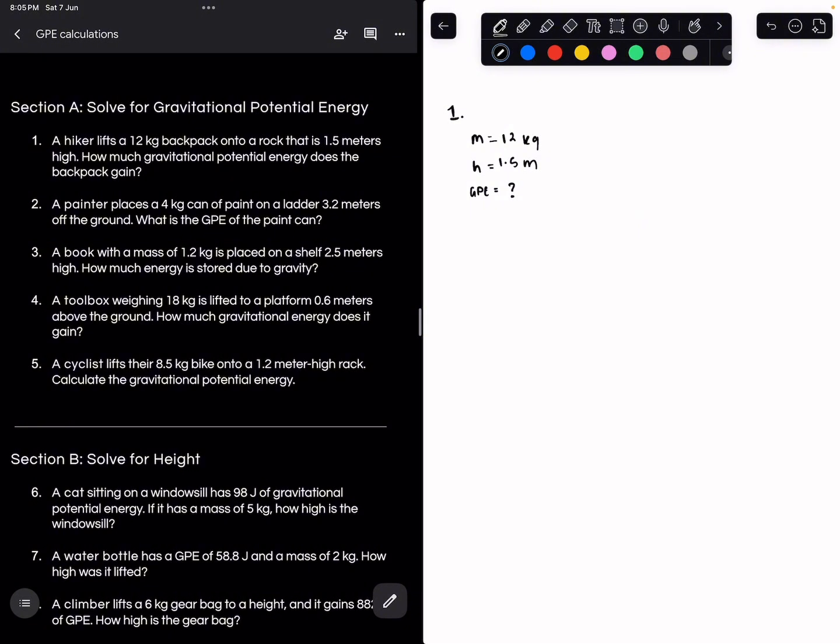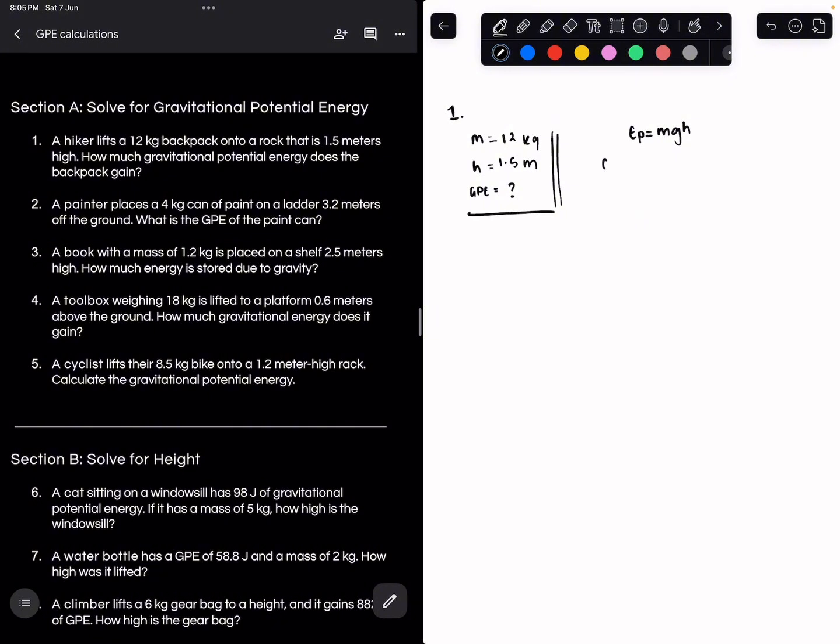Now that I have this information, I can go ahead and try solve this equation. The first step for that is to write the equation. So the equation is EP equals mgh. The next step is to substitute the values that we have been given by the question.